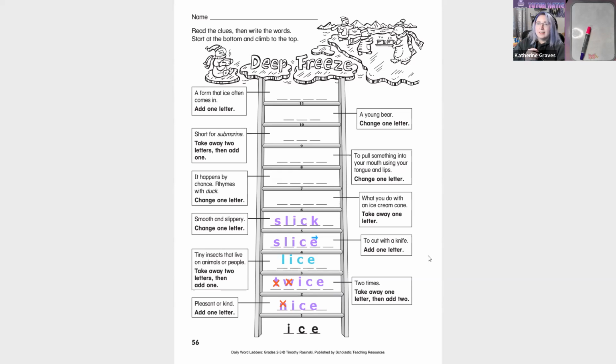So how do I do that? What do I do to my ice cream? I do eat it, but I do a weird motion when I want to eat it. I go. Slick. Yes.